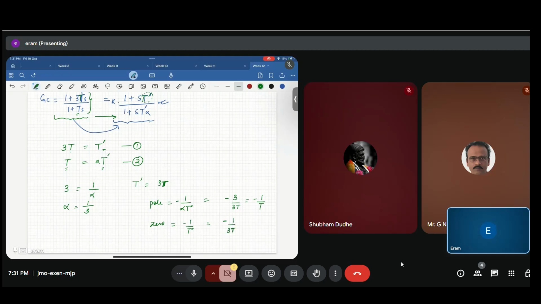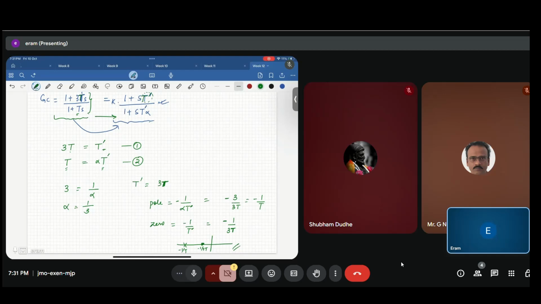So here is our zero, which is minus 1 by 3t, and here is our pole, which is minus 1 by t.